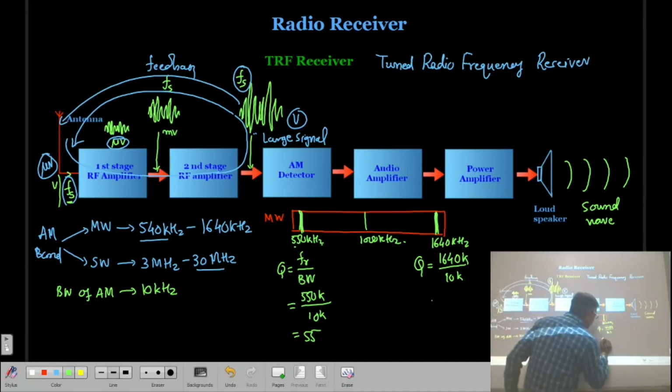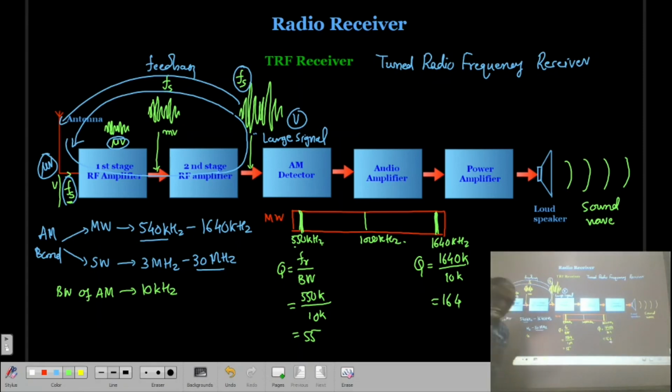So this comes out to be 164. Remember, this is a theoretical calculation. So when we are tuning a radio for 550 kilohertz, at that time the quality factor is 55.